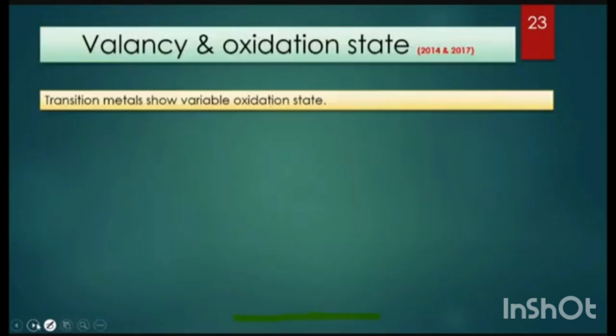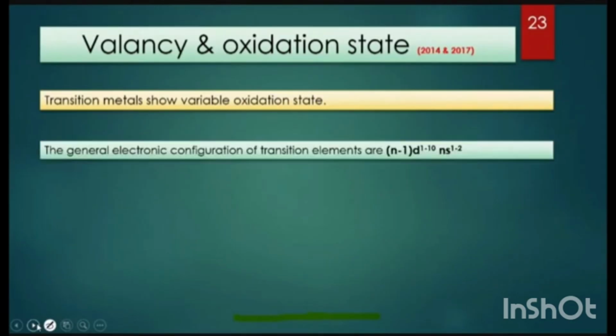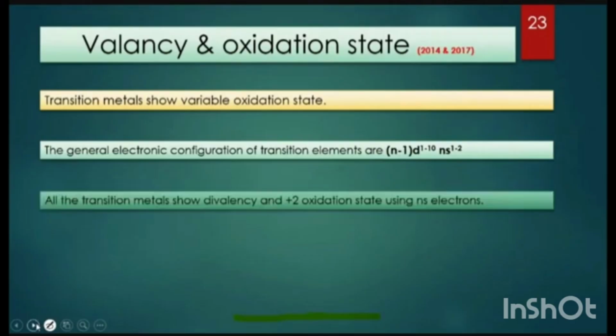Next is valency and oxidation state. Transition metals show variable oxidation state. The general electronic configuration of transition elements can be written as (n-1)d1-10 ns1-2. Already you are familiar with this by now. All the transition metals show divalency, that is valency 2, and +2 oxidation state in common, using the ns electrons.